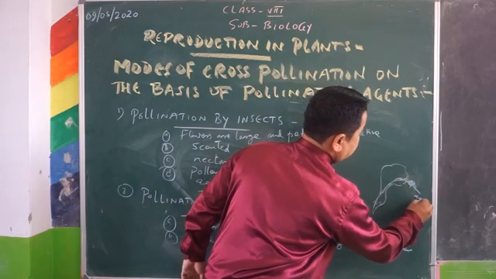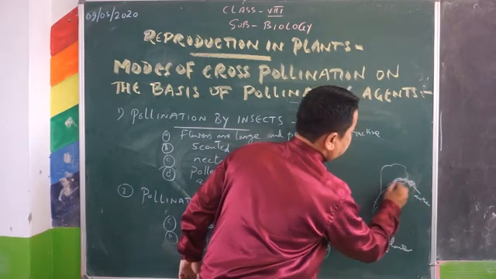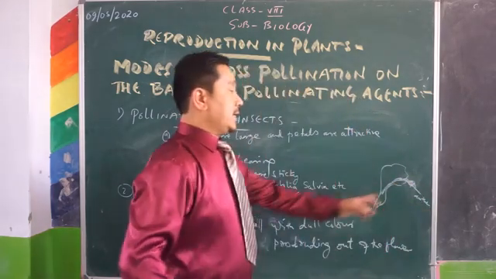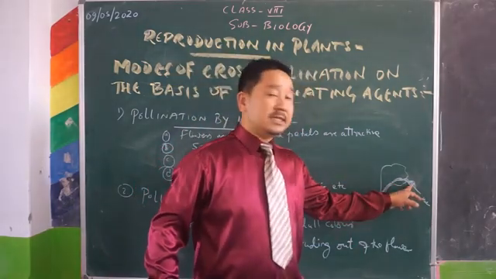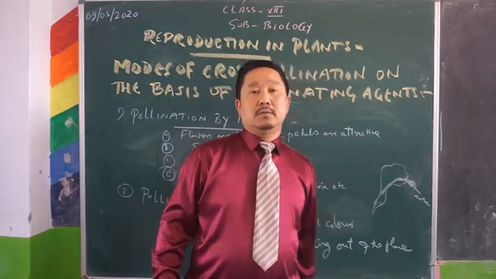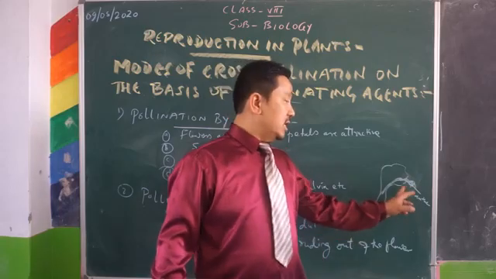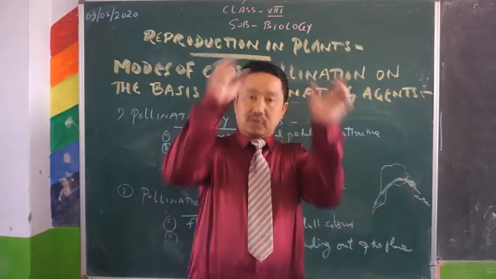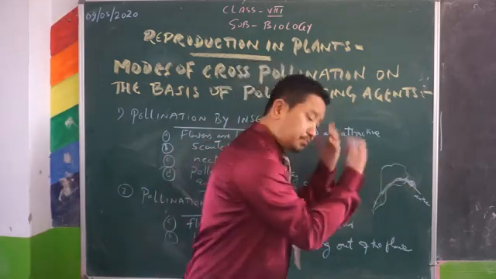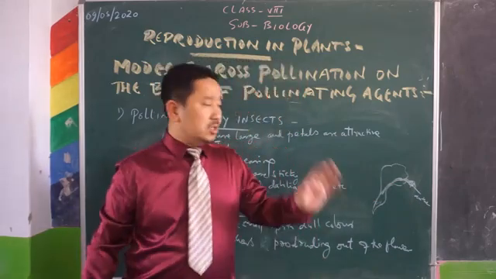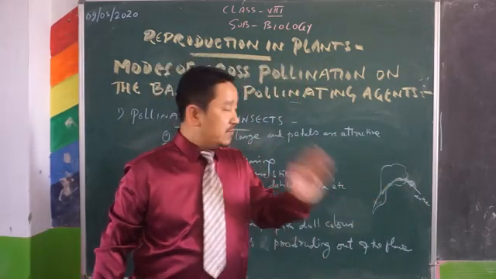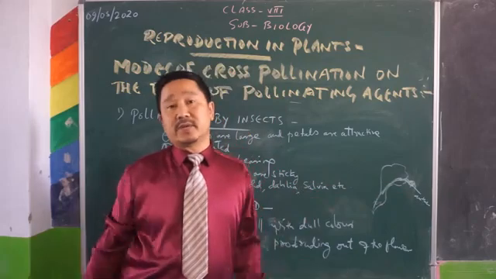This anther comes out of the flower, so that the pollen grains present in this anther can be blown up by the wind, because this anther is already out of the flower. If it is inside, it may not be blown up. The wind may not apply pressure to it, so the pollen grains may not be scattered.